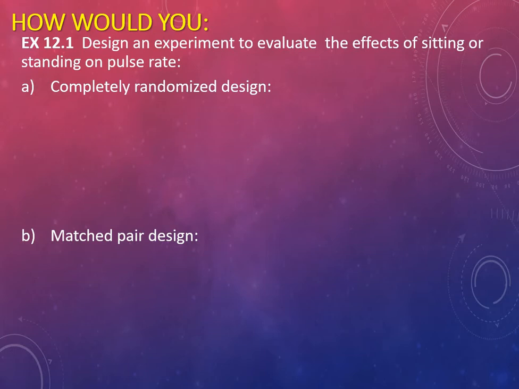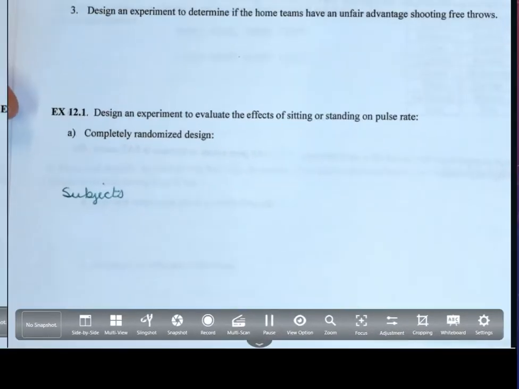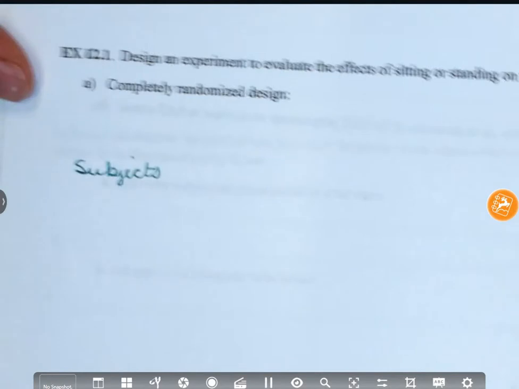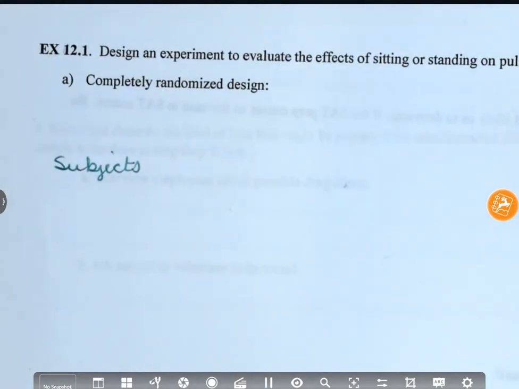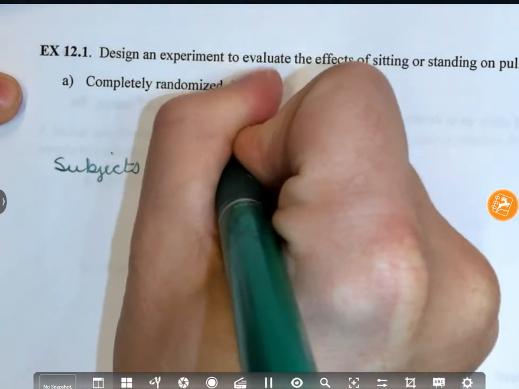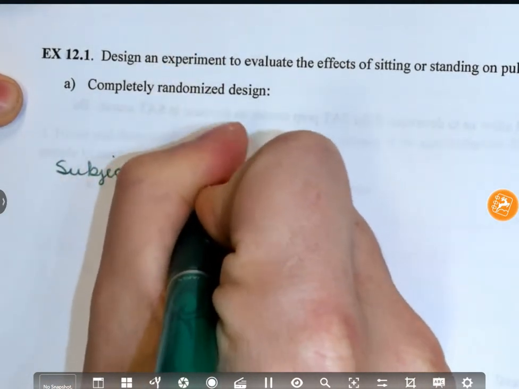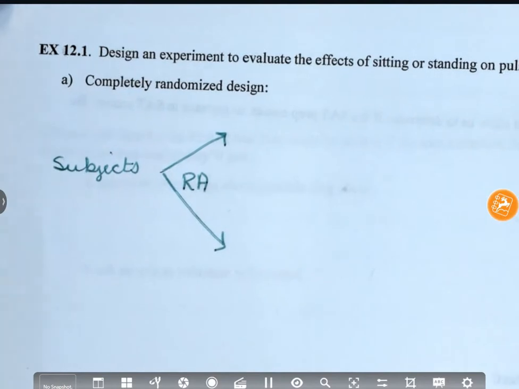All right, so when we are talking about a completely randomized design, all we're doing is random. Ready for this? I got some subjects. I have no idea who they are, what they are, whatever. I've got subjects. Completely randomized means I'm going to use random assignment, and I'm lazy, I'm just writing RA.